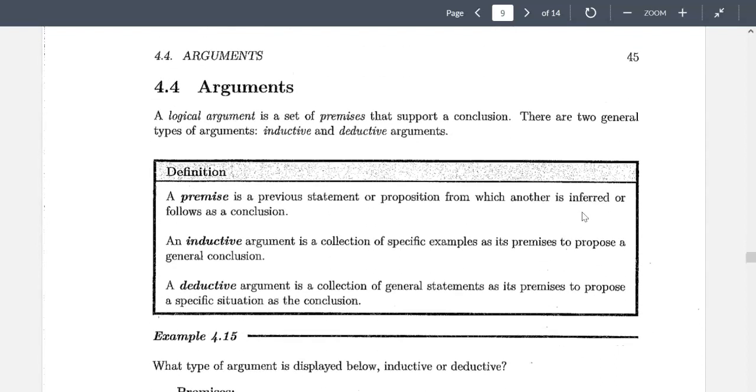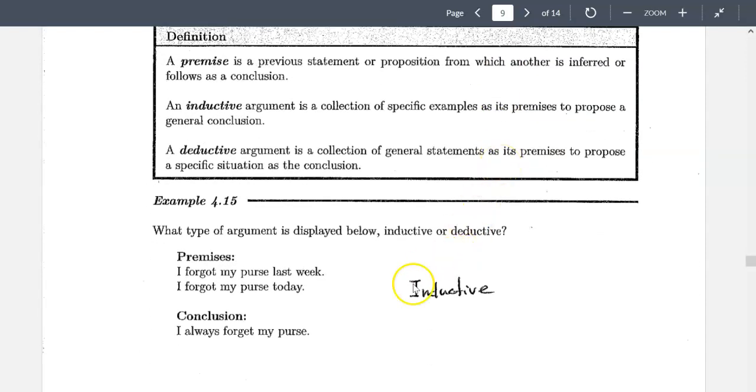Now, arguments. When we talk about arguments, a logical argument is when you are given a number of statements and want to know if the logic flow is correct. A couple of things we need to learn first: there's inductive and deductive reasoning. Inductive reasoning uses examples.